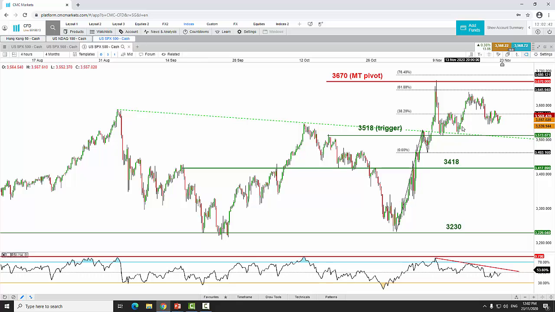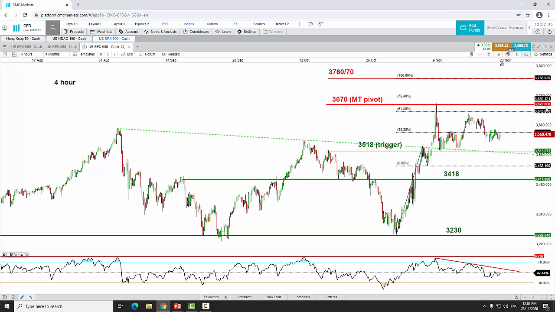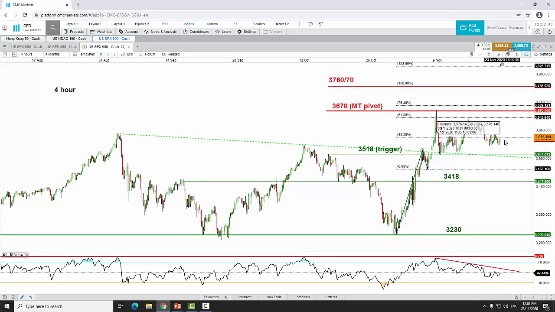So I'll be using 3670 as my key medium-term pivotal resistance for this week to play a push down towards 3518. If we start to see a 4-hour close below 3518, it could take us down much lower towards the 3418 level, which is this minor congestion zone seen over here, as well as the 61.8% retracement taken from the low of 30th of October all the way up to the current all-time high of 9th of October.